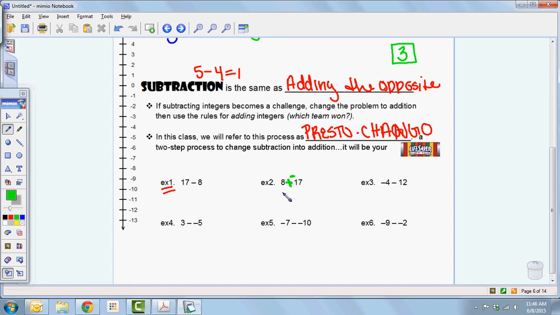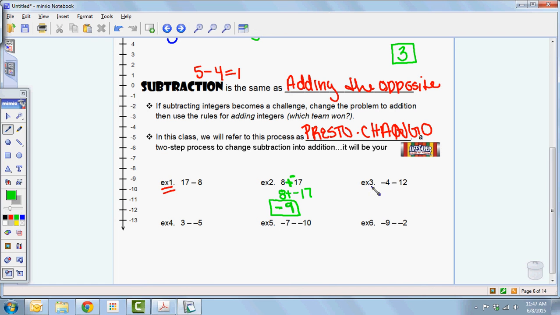So if I were to rewrite this, I would really have 8 plus a negative 17. So I'm going to subtract these two numbers, and I'm going to get 9. And I'm going to think, which team won? Is it the positive team or the negative team? So the negative team has a bigger number, so that means my answer is going to be negative.